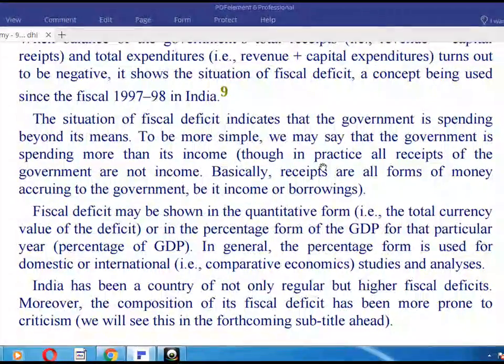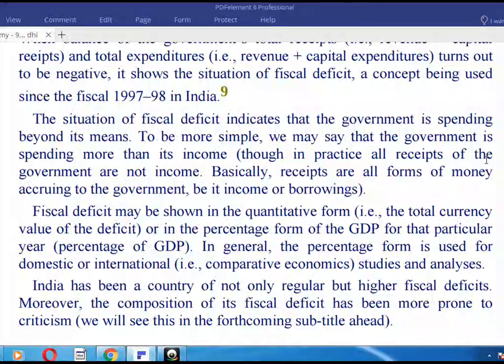The concept has been used since the fiscal year 1997-98 in India. The situation of the fiscal deficit indicates that the government is spending beyond its means.